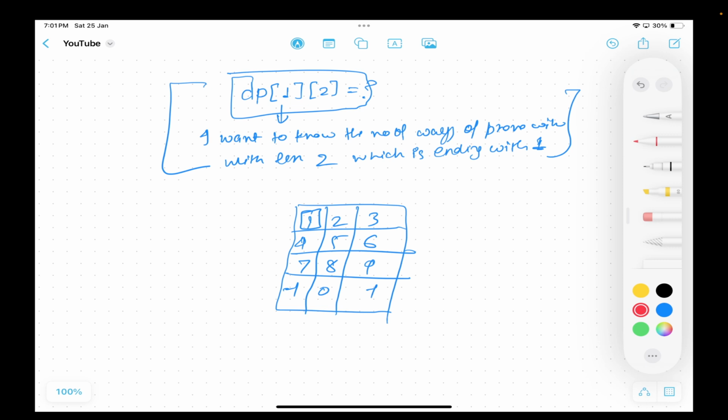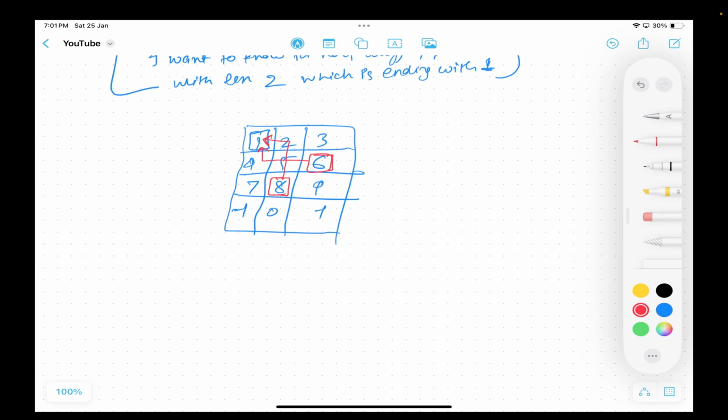In this grid, if you are at 8 you can go to this one, and if you are at 6 you can go to this one. Let's say DP of 6 and 1 is 1 and DP of 8 and 1 is also 1. That means the number of ways of phone numbers of length 1 ending with 6 is one way.